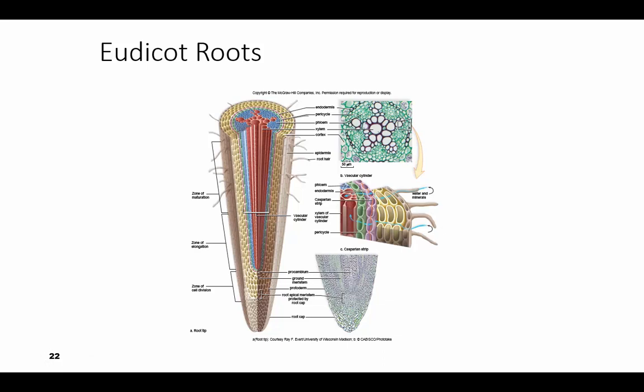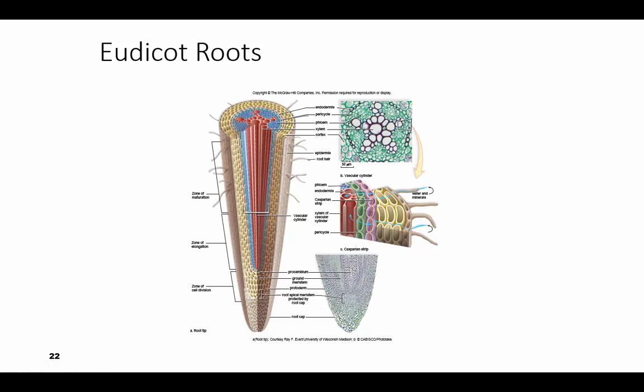The endodermis is the pinkish looking layer, right here. It's one layer of rectangular cells, and you can see it over here as well on the figure on the left.